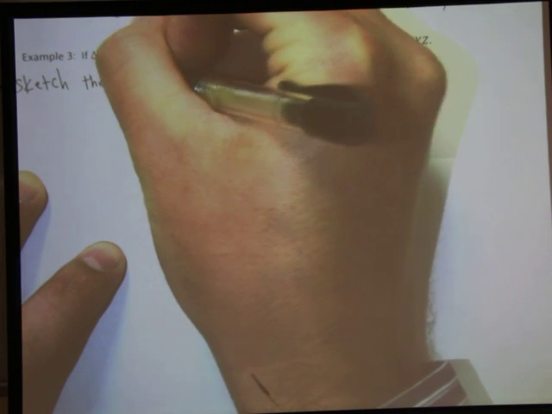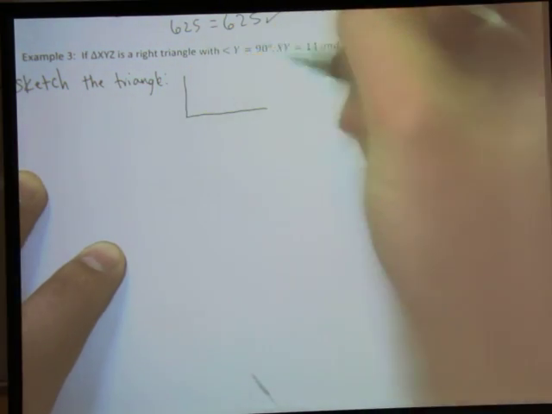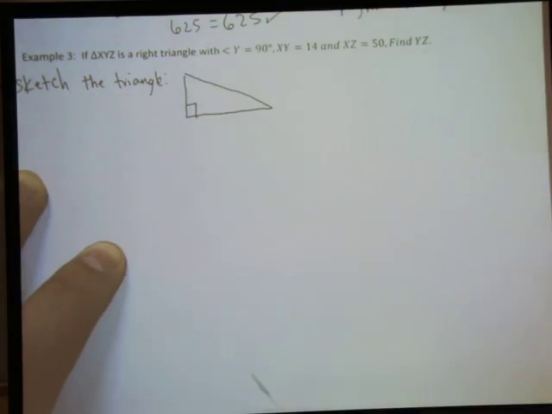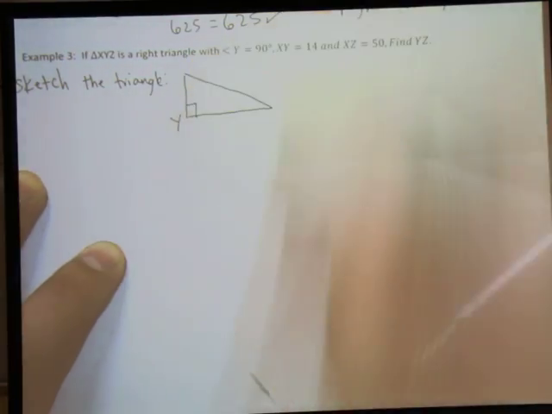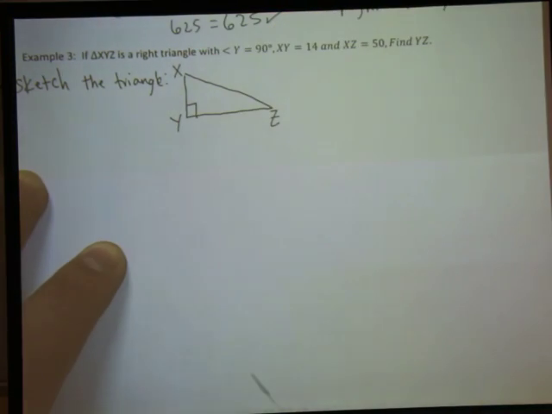First, we're going to sketch this picture. When I sketch the triangle, I have a right triangle where Y is my 90-degree angle, and X, Y, Z is my triangle.